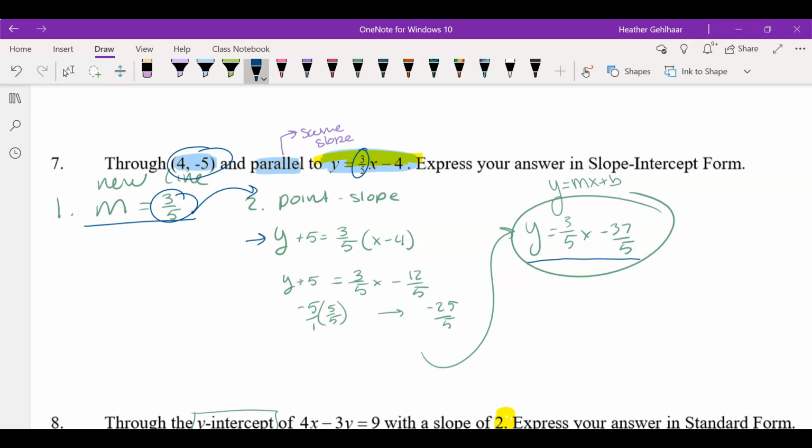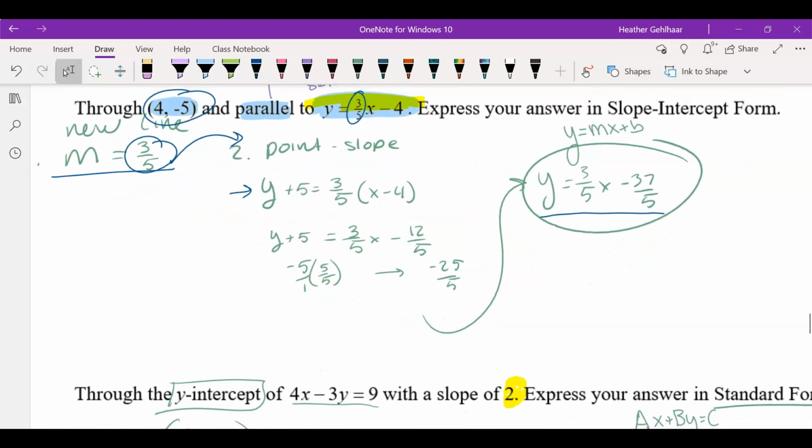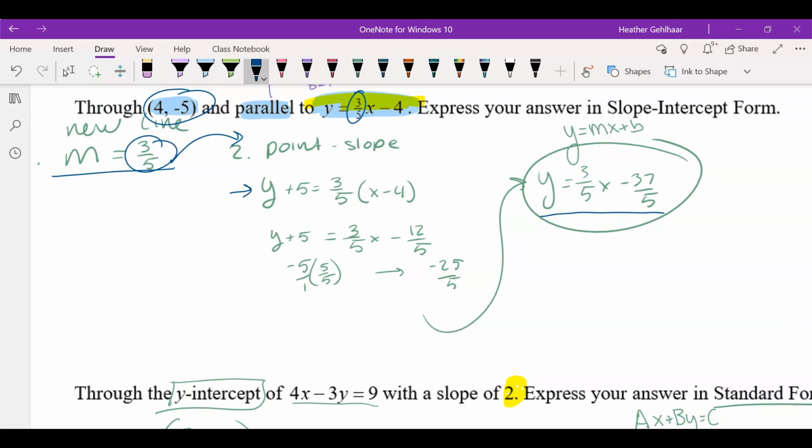At this point, my suggestion is for you to go ahead and try this one and work through it, and then push play again. The next question, my suggestion to you as well, is also pause the video and try it on your own. Now it's saying through the y-intercept of this standard form equation here with a slope of 2, express your answer in standard form.